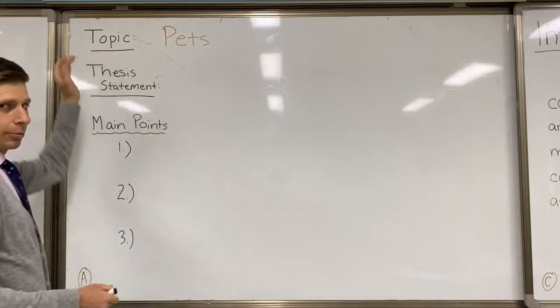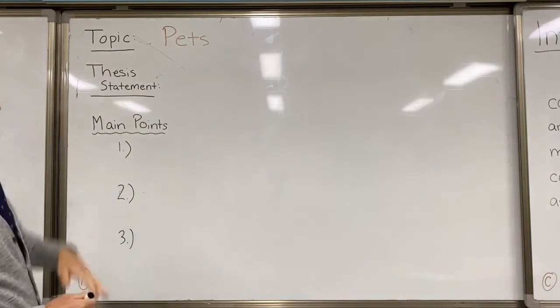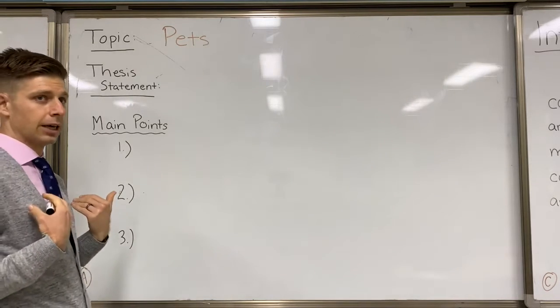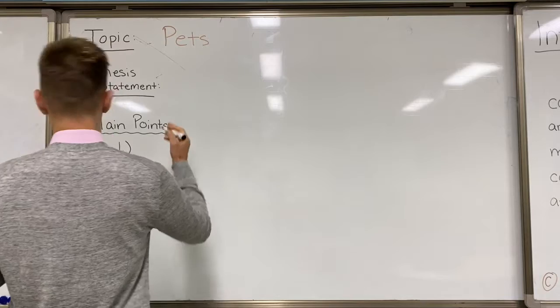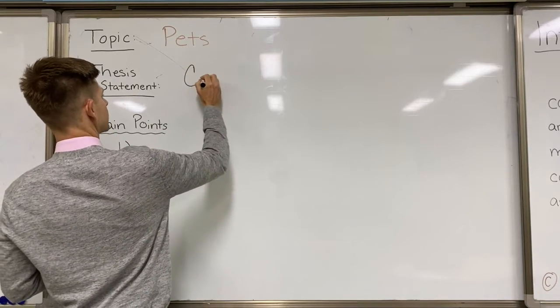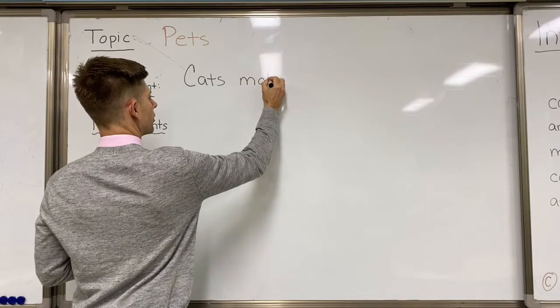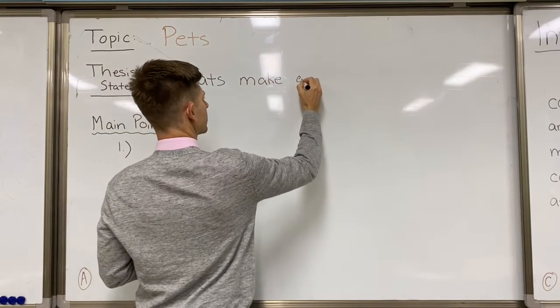So I've chosen a topic for our essay, and it will be pets. And the thesis statement that I'm going to go with, and remember it needs to be an opinion, is that, let's say, cats make great pets.